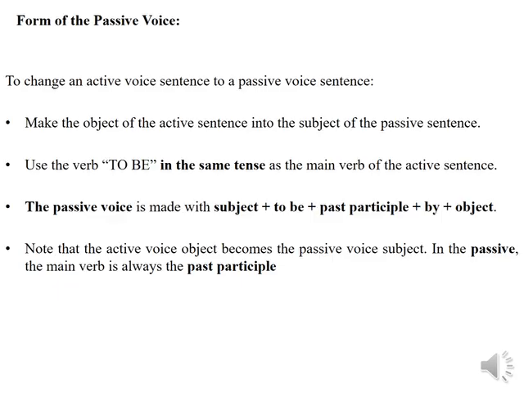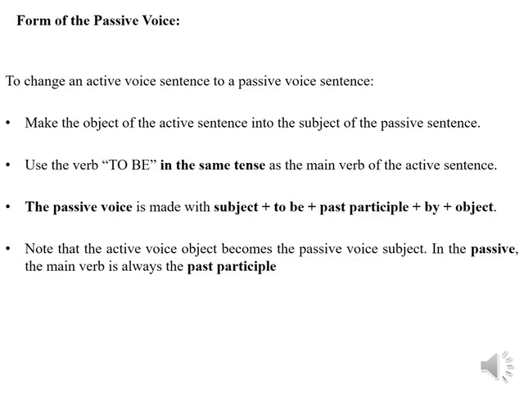We also make use of the verb to be in the same tense. So if you have present tense under active voice and you want to change it to passive voice, you make use of the be verb, and the be verb must also be in the present tense. So that is just that.